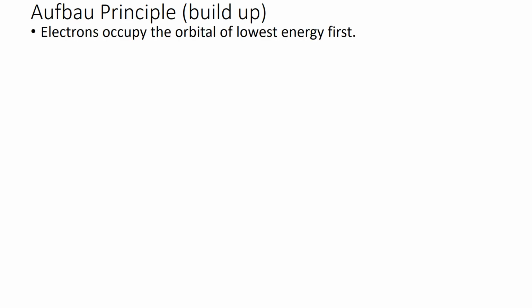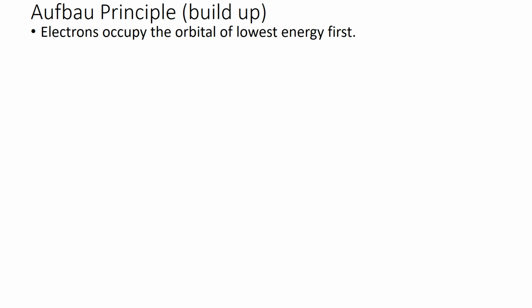According to the Aufbau principle, electrons occupy the orbital of the lowest energy first. The lowest quantum level is 1, right? And beyond that, s is lower than p, and p is lower than d, and so on.